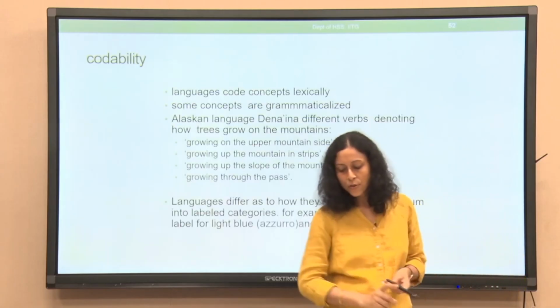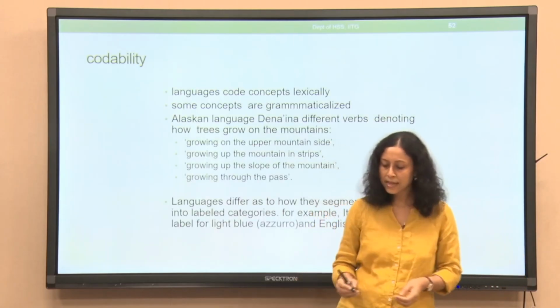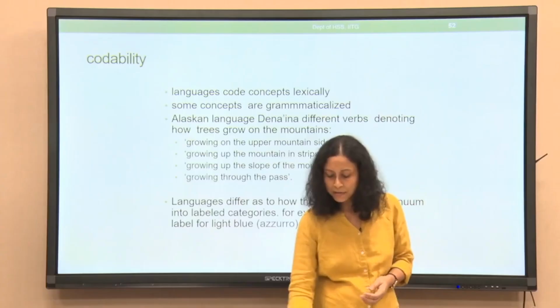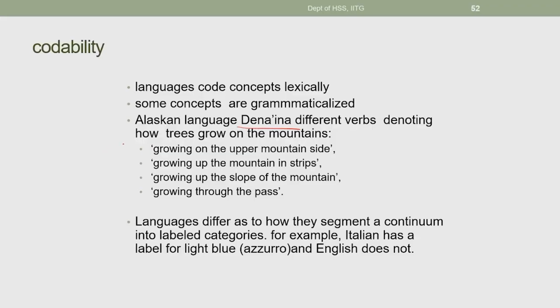So, what is codability? This is an example again from a textbook. Languages code concepts lexically, as we have just said, that we have single words for a particular concept. So, in this particular language you see there are so many types of trees that grow on the mountain.